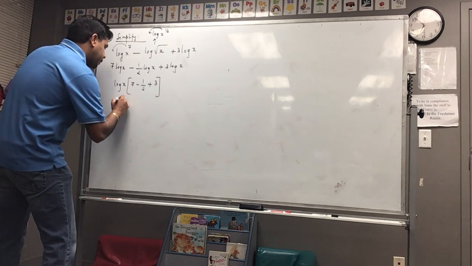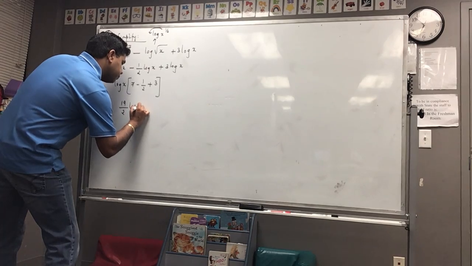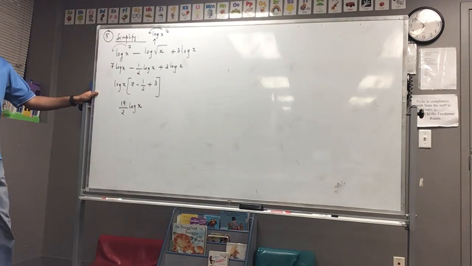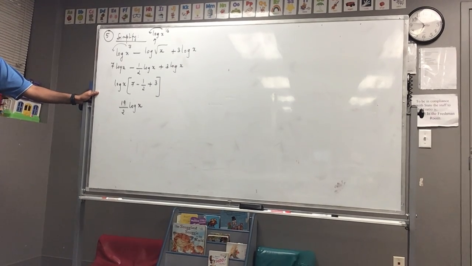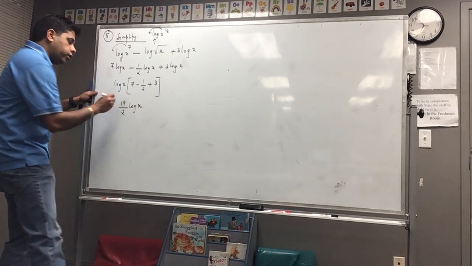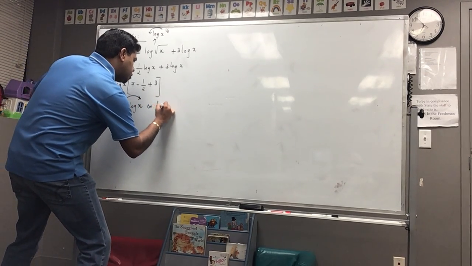So it comes to 19 and a half log x, or 9.5 log x. Or they may also take it back here and write it like this, which is rare, but they sure can.